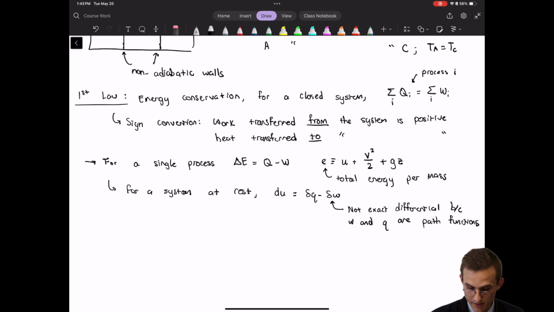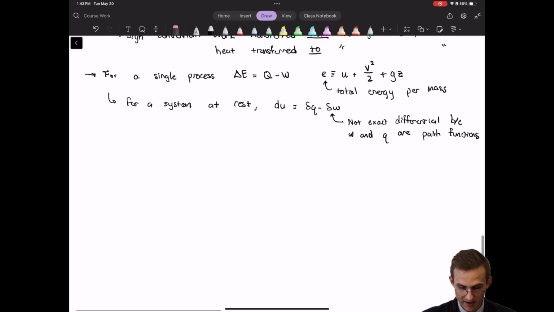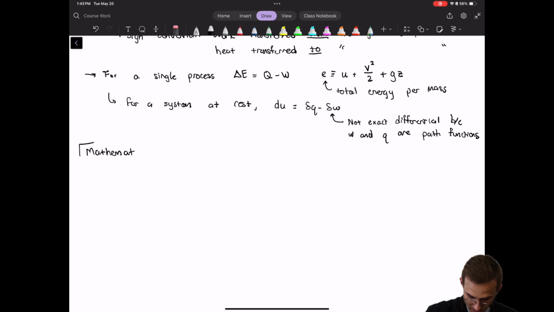They're not actually state variables, whereas the internal energy has a value at a certain fixed state, and therefore it's a state variable. Now, for a moment, I want to talk a little bit about total differentials. This is just like a lowercase d, okay? And this is a mathematical aside, focusing on total differentials.